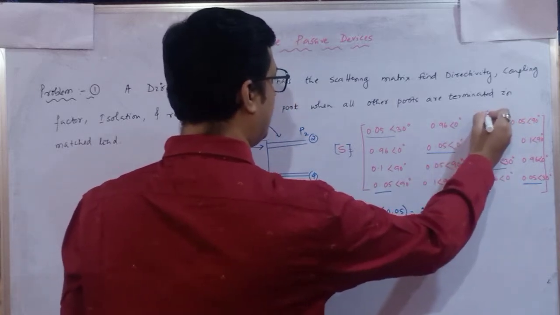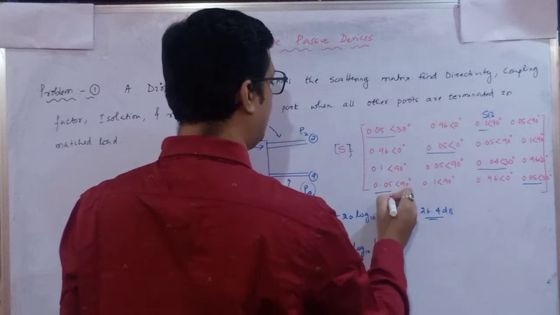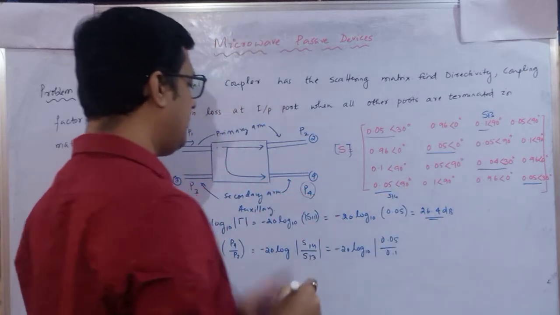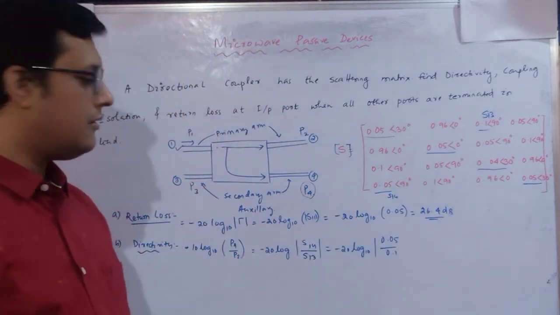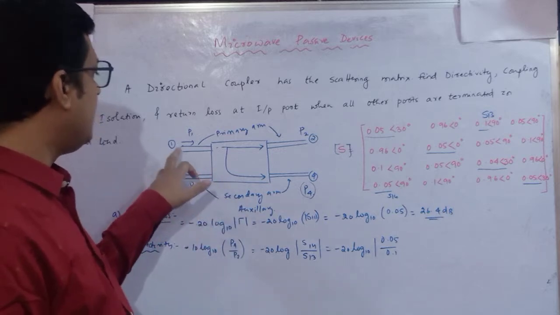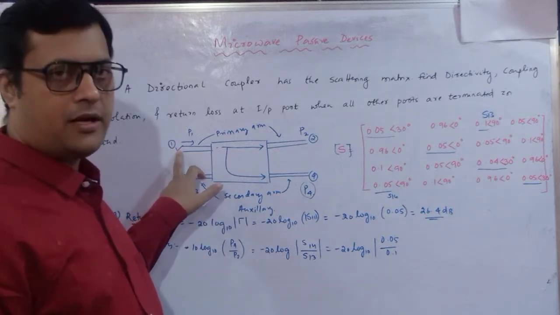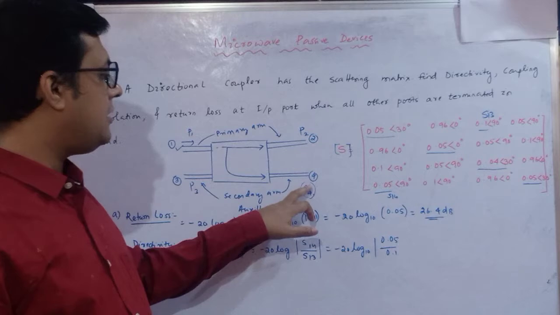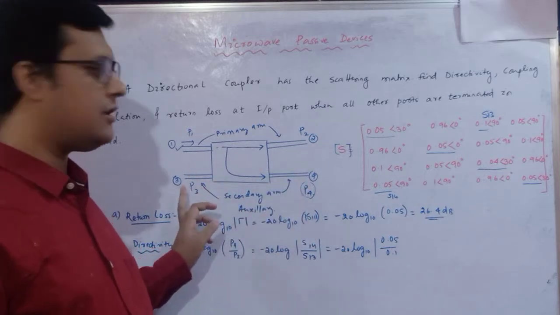This is S13 and this is S14. Why have I taken this S14 and S13? Because we are feeding the power at port 1. It is coupled with port 4 and isolated with respect to port 3.